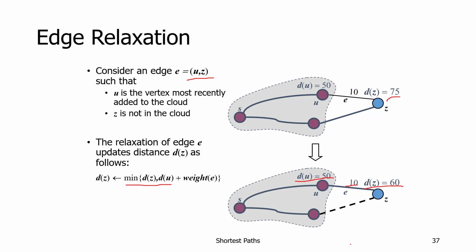So now the old path will not serve much purpose. The relaxation of edge e updates the distance from 75 to 60, and that will be the distance that we are going to consider further in following operations.